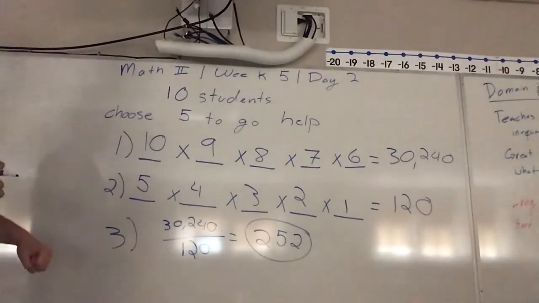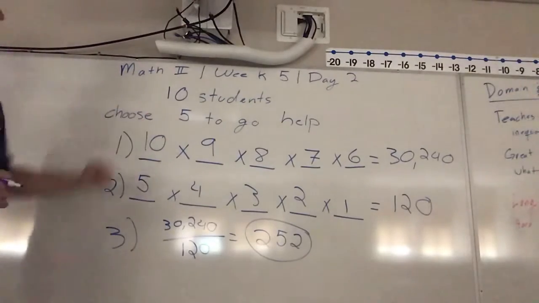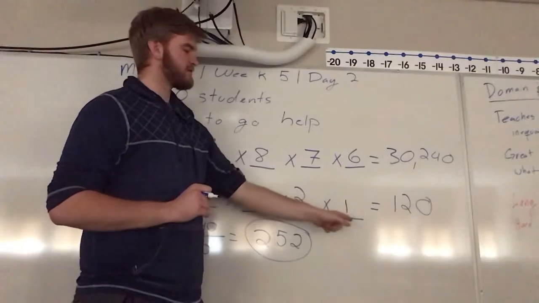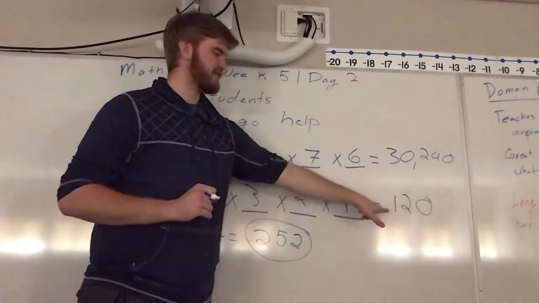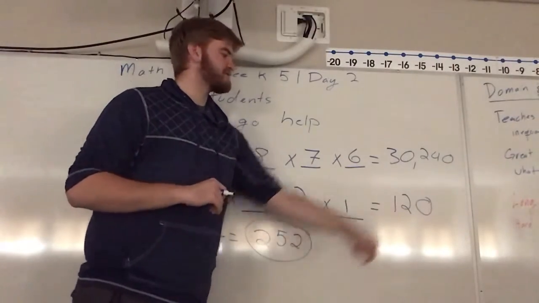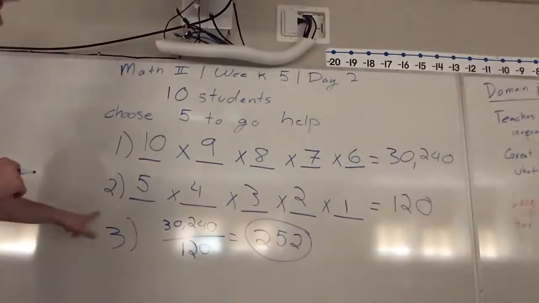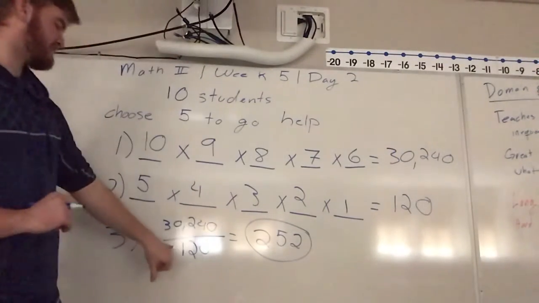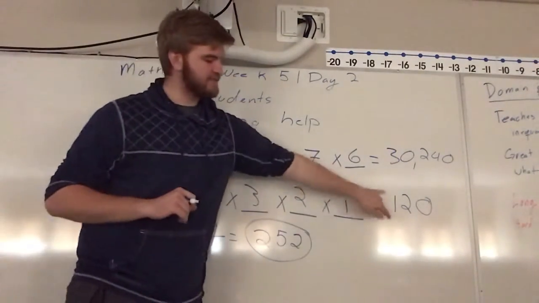For step 2, you're going to take that smaller number, put it in that first box, and count down. And you should end up at 1. Use a calculator or handwritten math to get that number. And then for step 3, we're going to take whatever we found in step 1 and divide it by whatever we found in step 2.